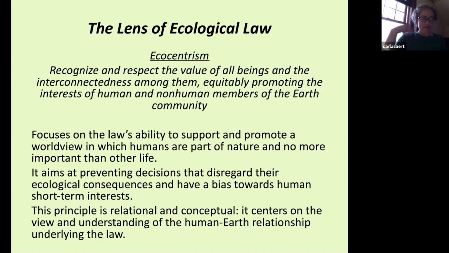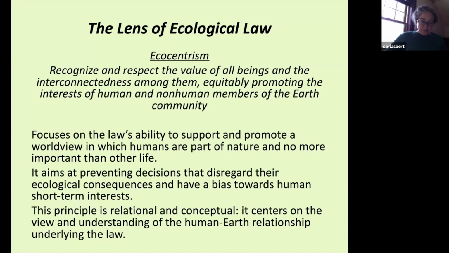And so the focus of this principle is relational in a conceptual way. It centers on the underlying vision of the relationship between humans and the Earth that the law has, the vision that underlies the law.